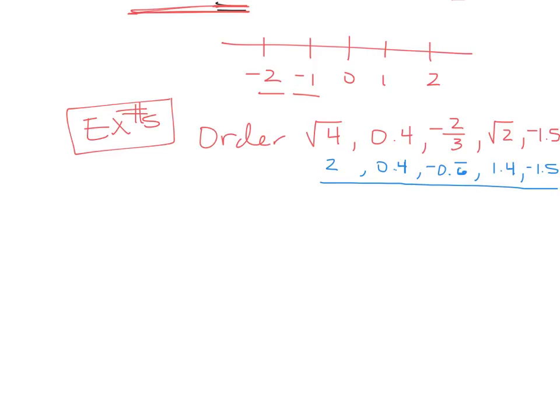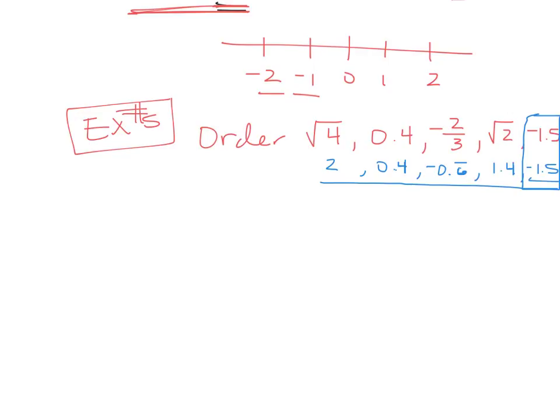No, you're moving in the right direction, though. Negative 0.6? No. Remember, if it looks bigger, but it's a negative, it's actually smaller. Negative 1.5. So this is going to be our first one.